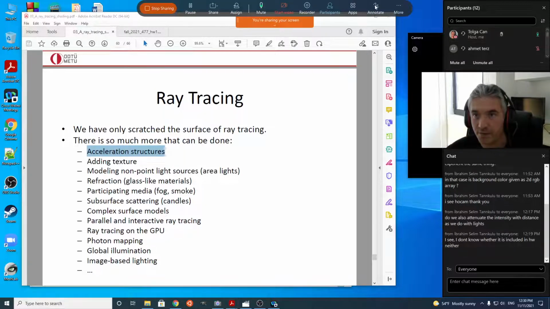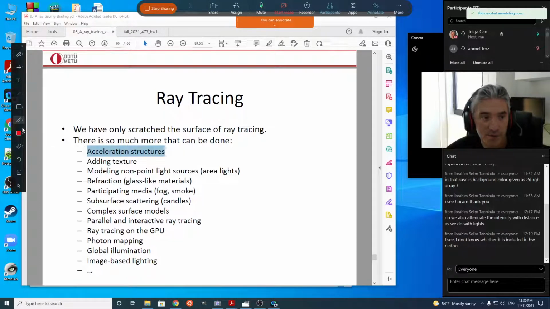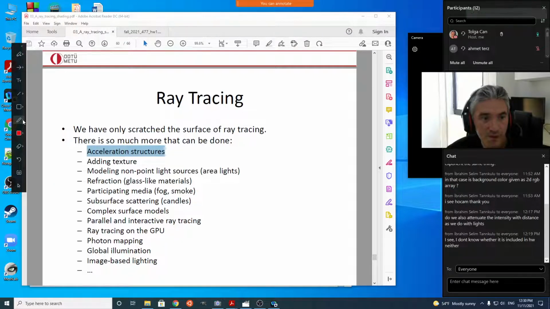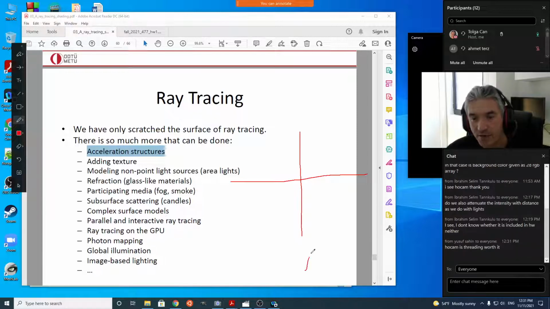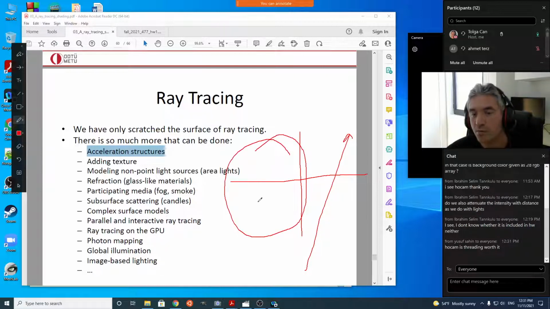For example, if you just divide your entire scene into 4 equal regions like this, and imagine you have a ray that is here, your ray doesn't intersect with these 2 left regions at all. So you first test the intersection with the entire region. If your ray doesn't intersect with the entire region, with just a single test, you skip all the thousands of triangles in this region in one shot.